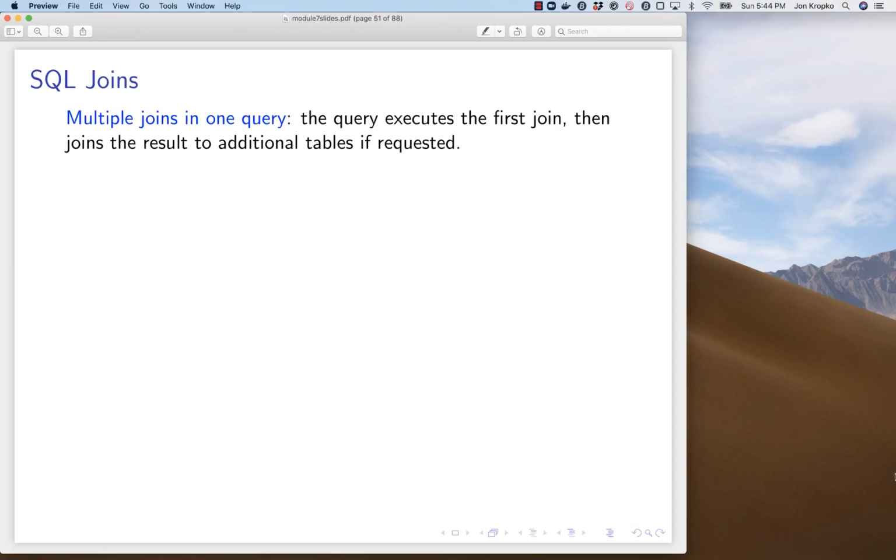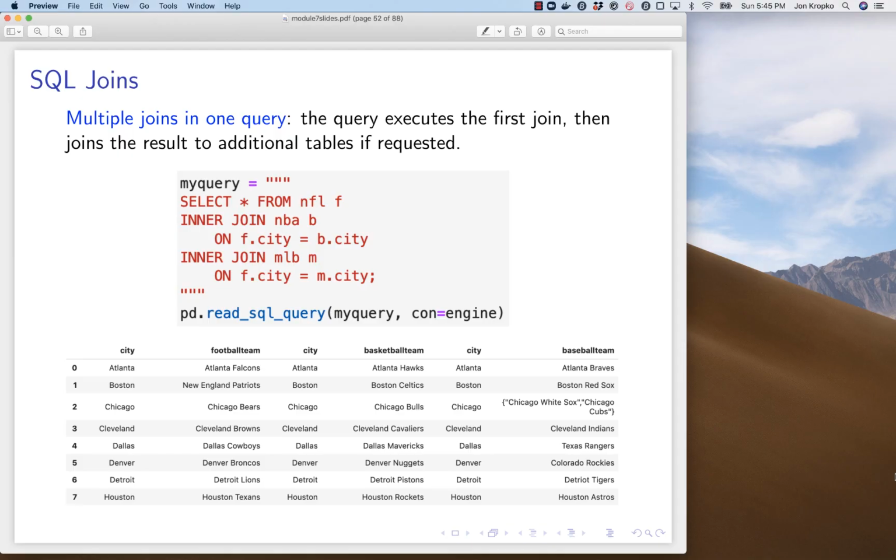Finally, multiple joins in one query work like this. The query will execute the first join it sees, produce a result, and then join that output table to the next one that you specify in the second join if requested. And so here's code to look at that. I created a third table for baseball team.